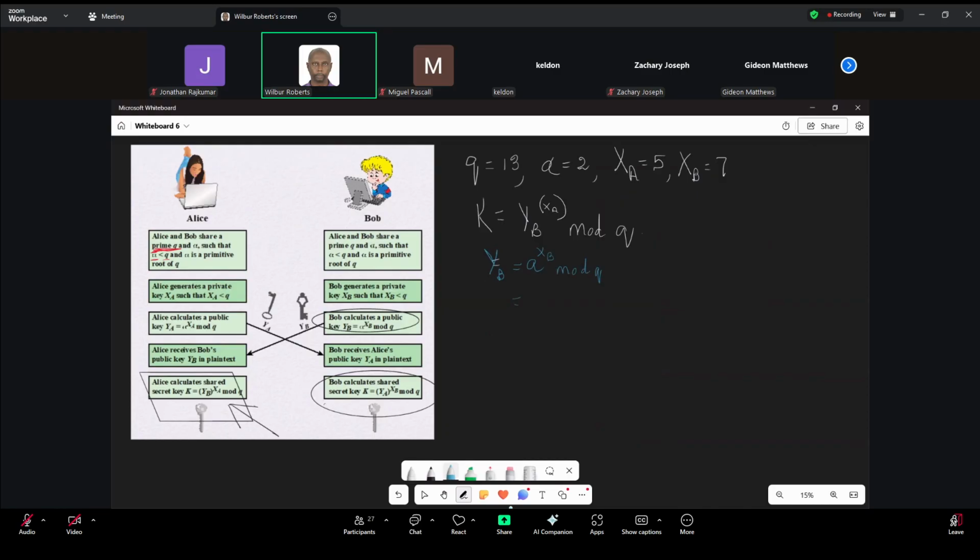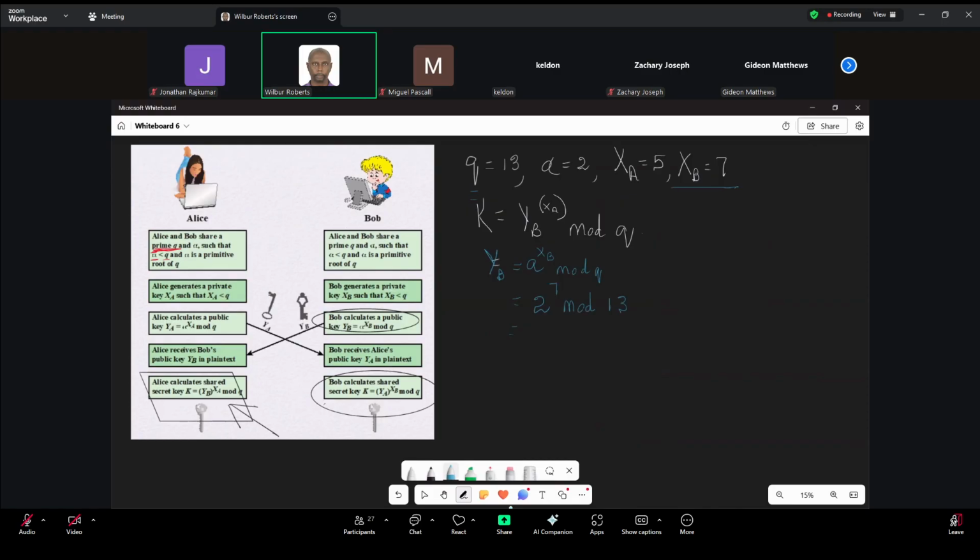So alpha, on top, we know that alpha is 2. 2 to the power of XB. Yes, alpha to the power of XB. So what is XB? We know XB is 7. Look, we have that term up here, Bob's private key. 2 to the power of 7 mod Q. Q is 13, so we get 2 to the power of 7 mod 13.